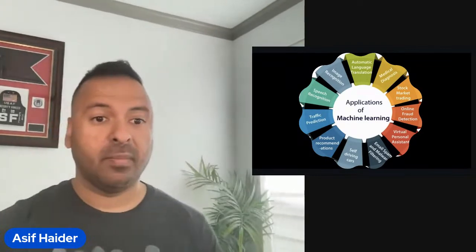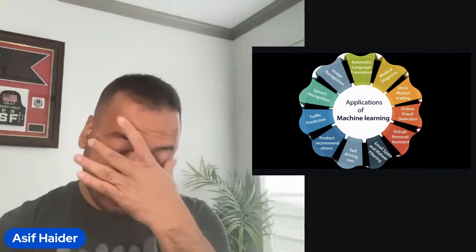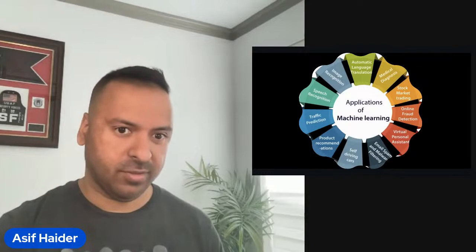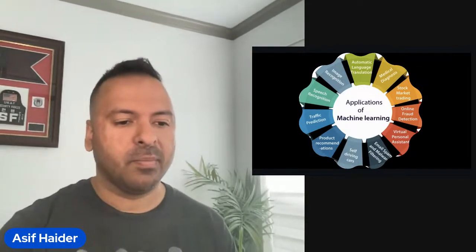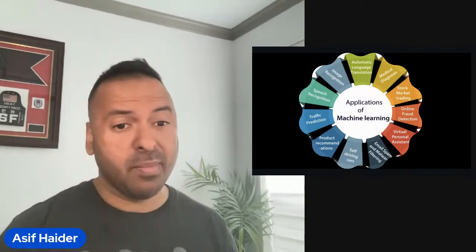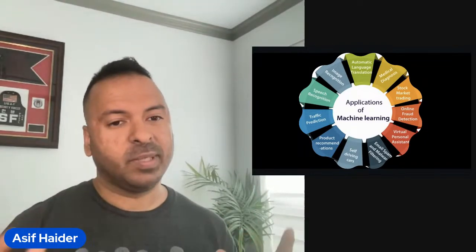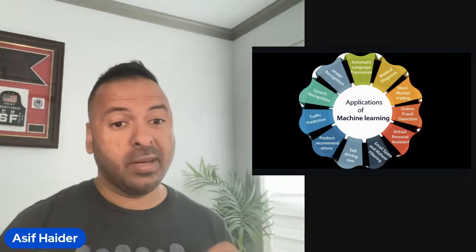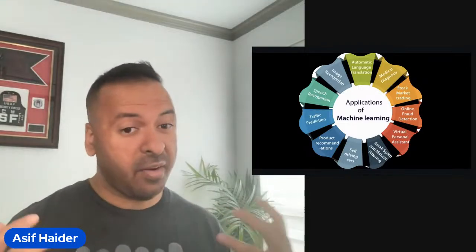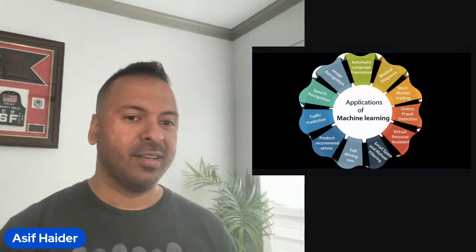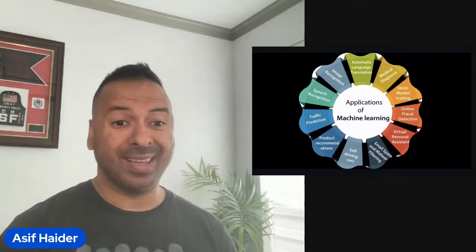So AI and machine learning have tons of applications, right? The reason I mentioned machine learning and AI in the same breath is because, like I said, not everybody can agree in a conversation about what an AI is.